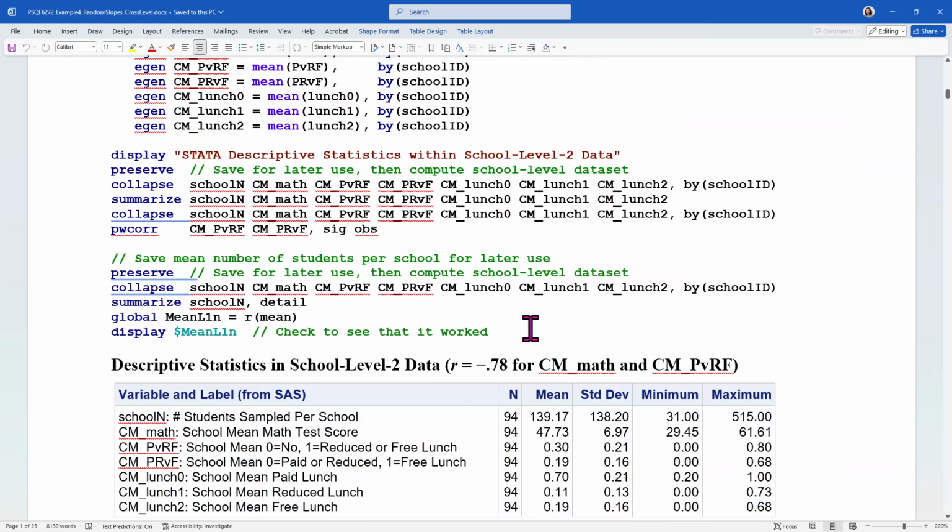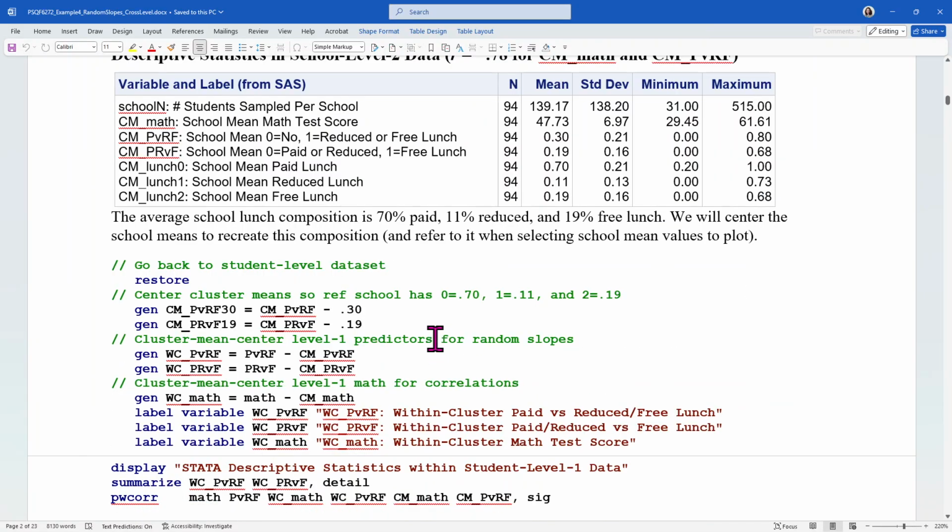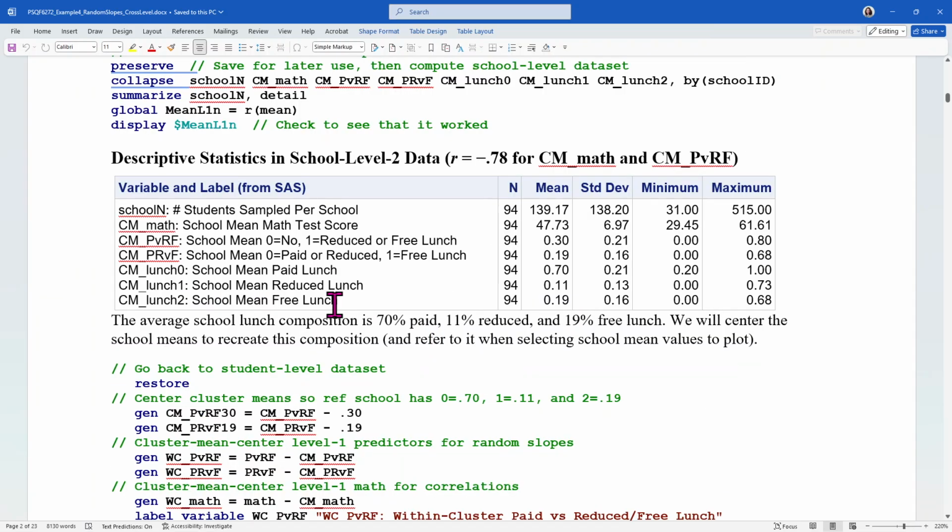So in terms of descriptive statistics, I had that here at both levels of the model. So we're going to have cluster mean math, cluster mean of the first binary predictor about discounted lunch, and then the cluster mean of the second one as well. So it looks like on the whole, about 30% of the students get some kind of discount, and 20% get free lunch, so about 10% get reduced essentially.